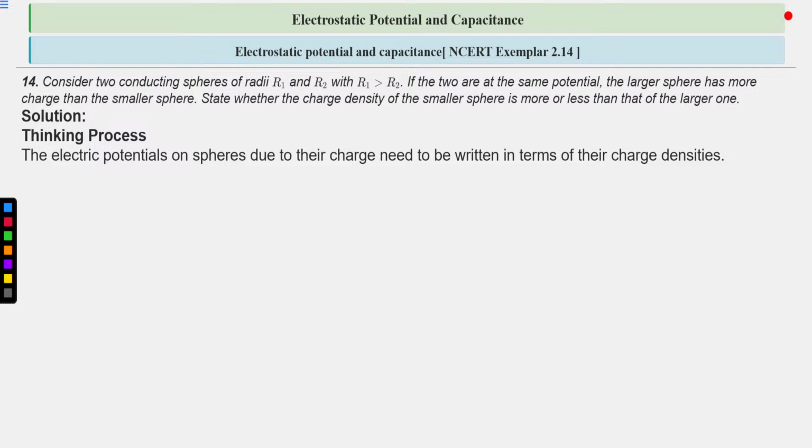So the electric potentials on the spheres of radius r1 and r2 due to their charges need to be written in terms of their charge densities. Firstly, we will write the potentials in the form of charges, and then we will convert the equation into the form of surface charge densities.